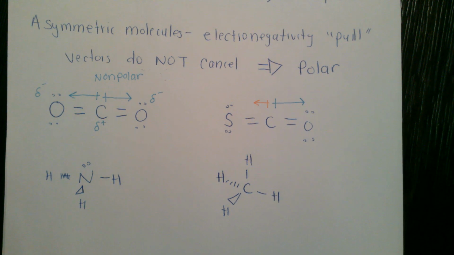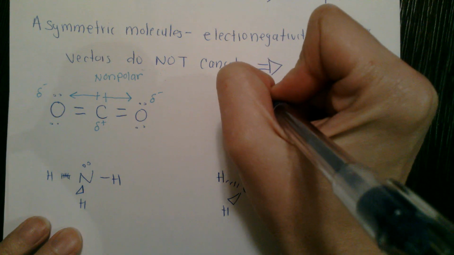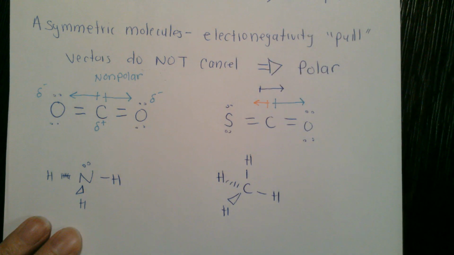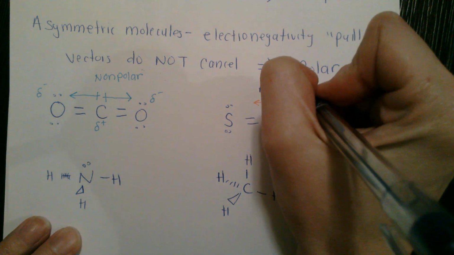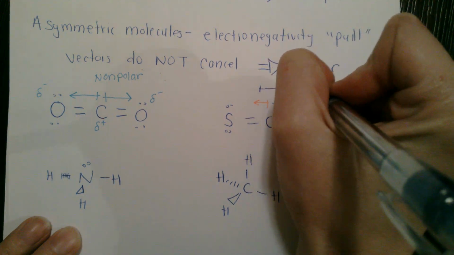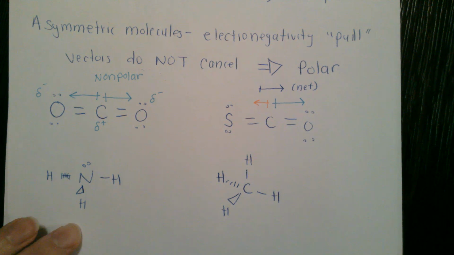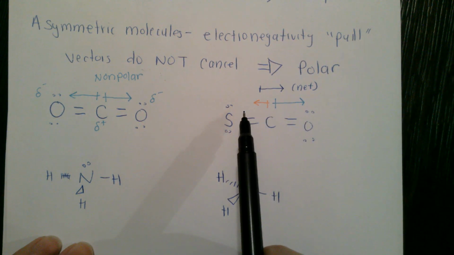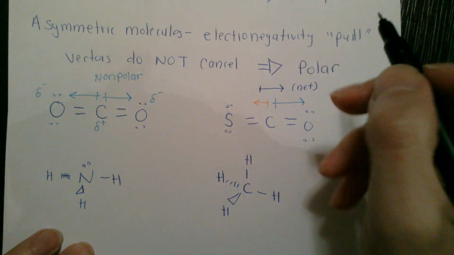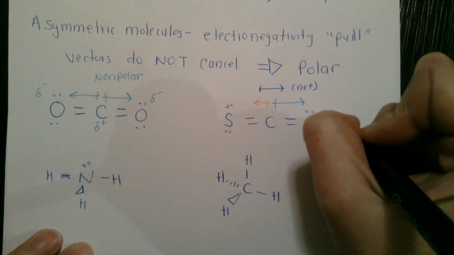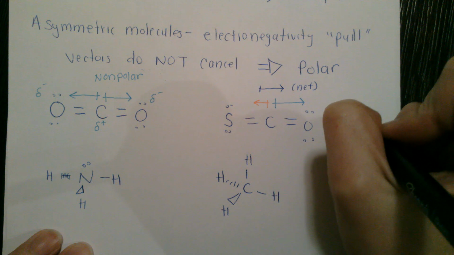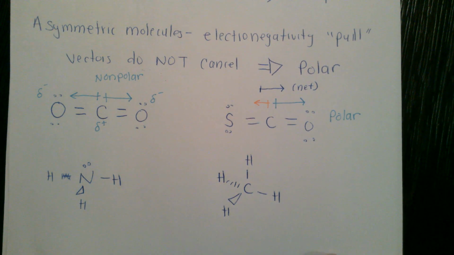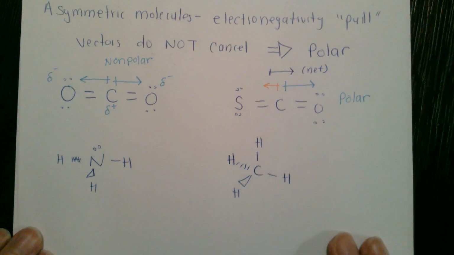Overall, you still have a net pull in this direction. If you were to add those two vectors together, that's what you'd have. Because it's asymmetric, this is pulling a lot harder than this is over here in terms of electrons. We get a polar molecule. Okay, so polar.